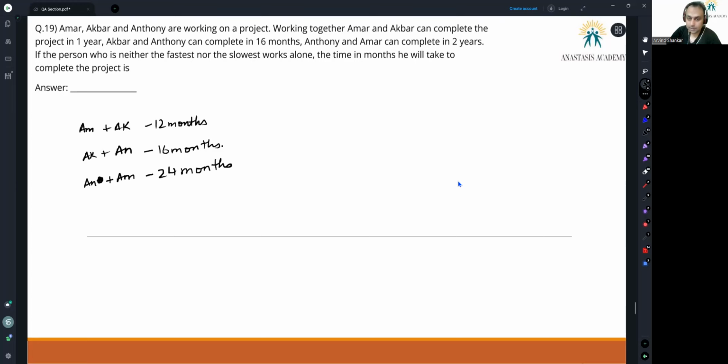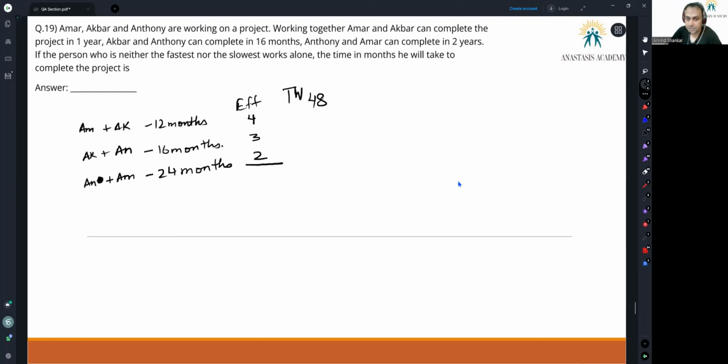So if I take my total work as 48, efficiency data for the same groupings would be Amar plus Akbar adds up to 4. Here it would be 3 and here it would be 2.